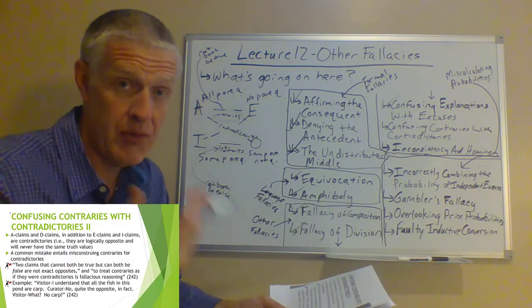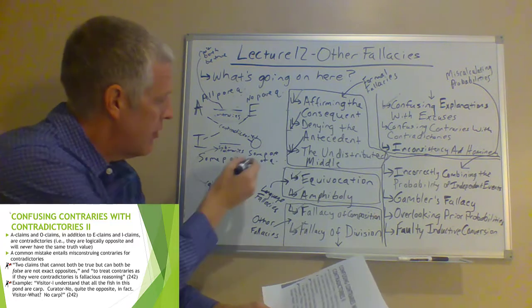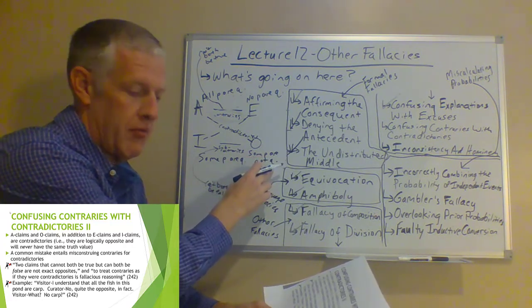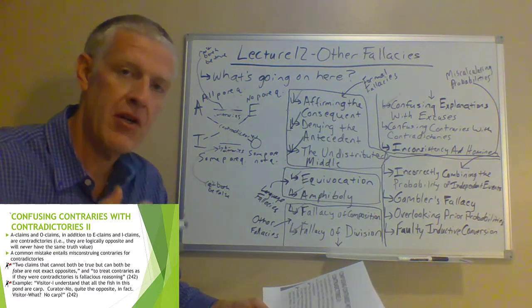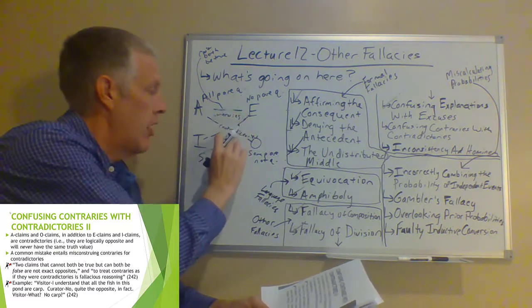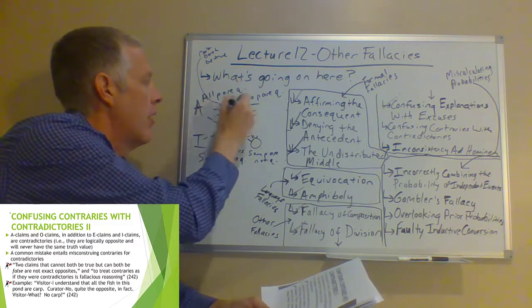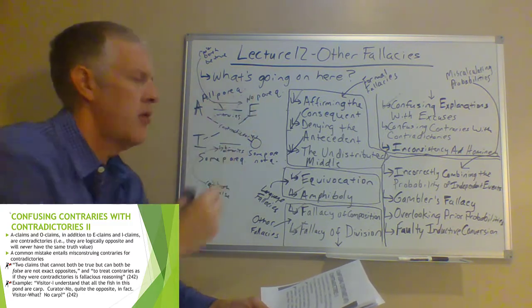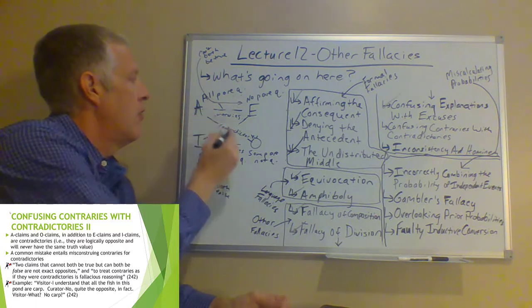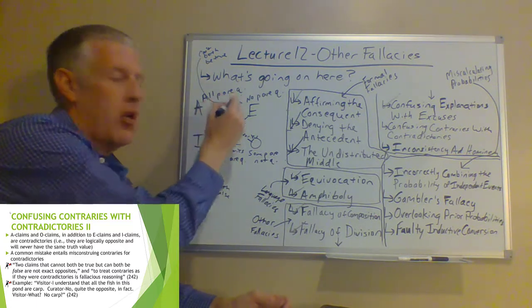What the curator is really saying is, hey, some of the fish aren't carp. But the visitor erroneously infers, because they're conflating contraries with contradictories, and they jump to the conclusion that none of them are carp, just because the curator said it wasn't true that all of them are carp.